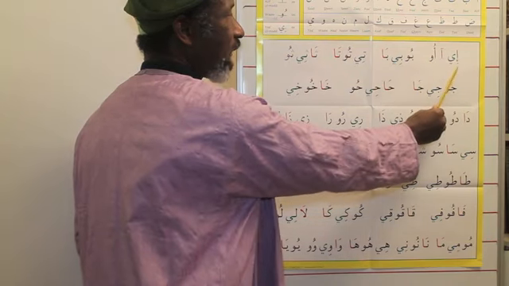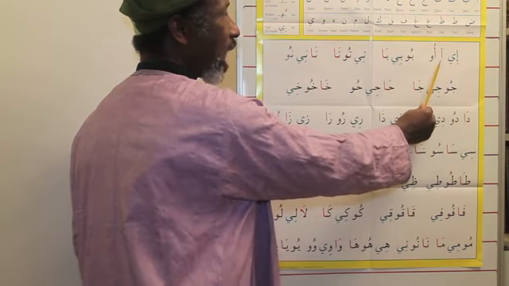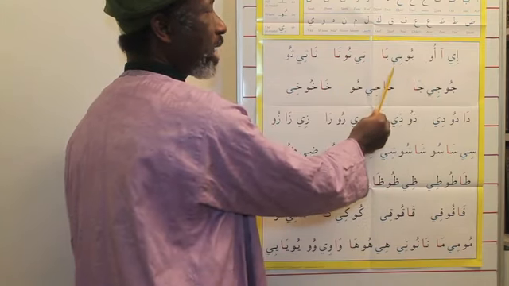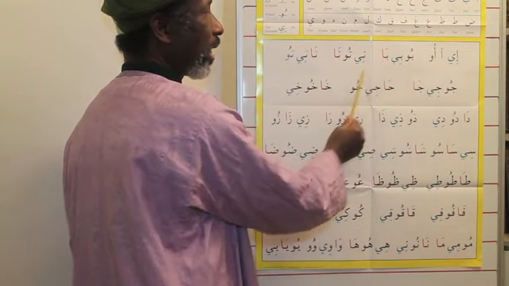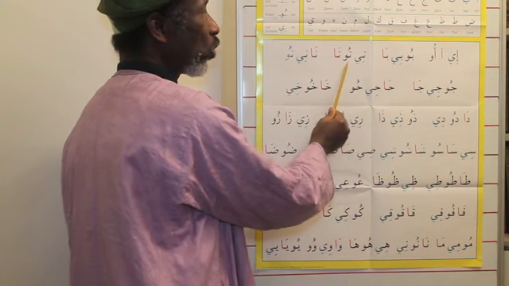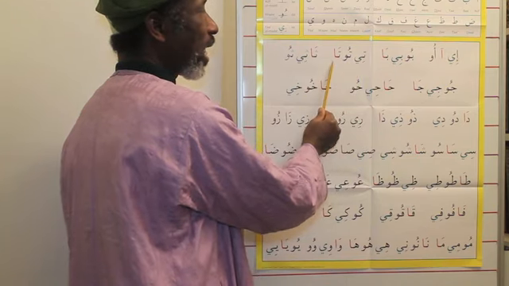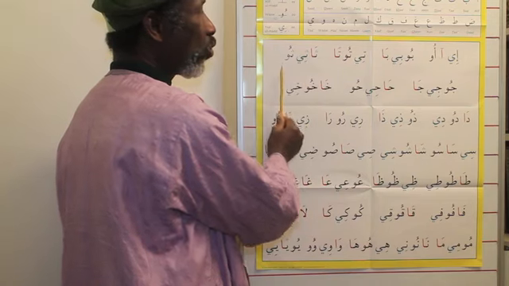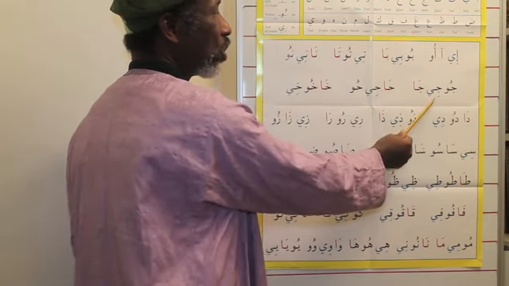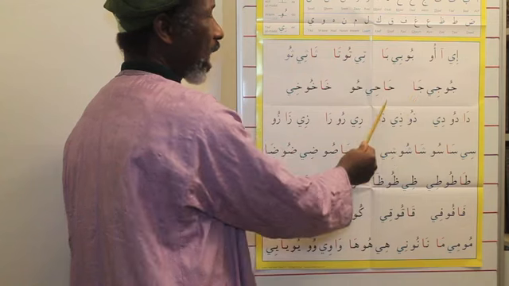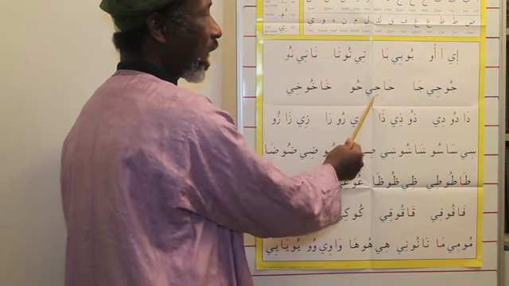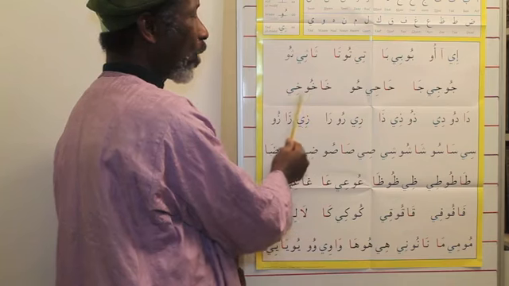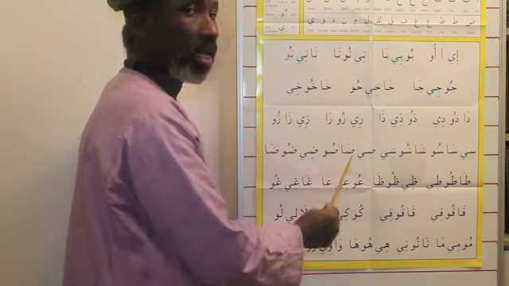U, e, a, u. Bu, bi, ba. Ti, tu, ta. Fa, fi, thu. Ju, ji, ja. Ha, hi, hu, kha, khu, khi. With me.